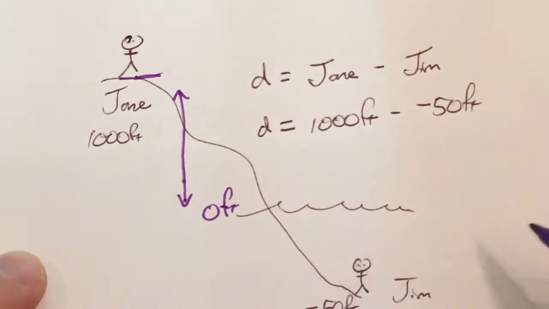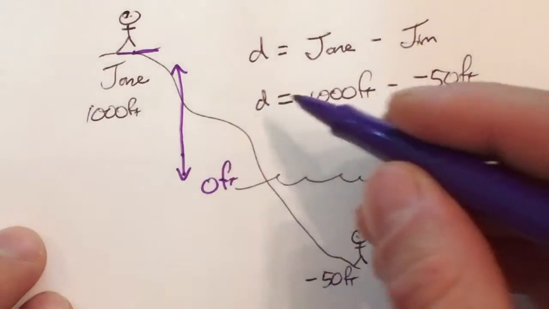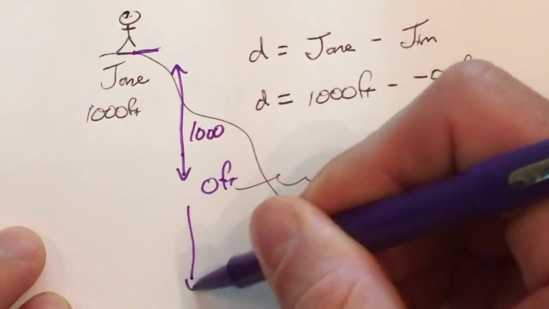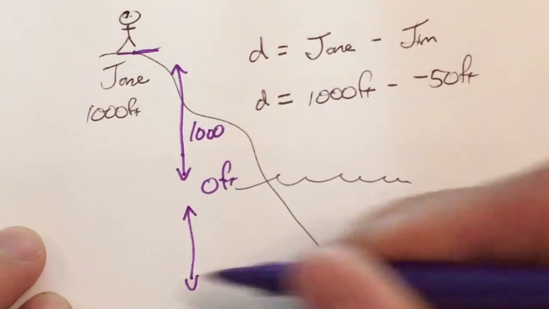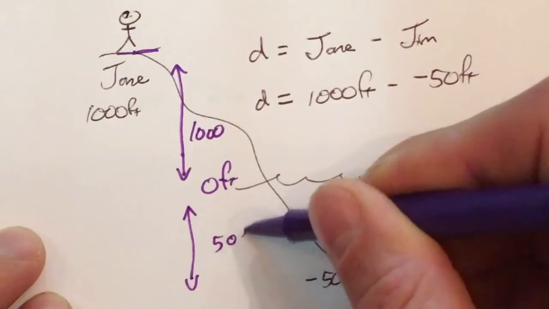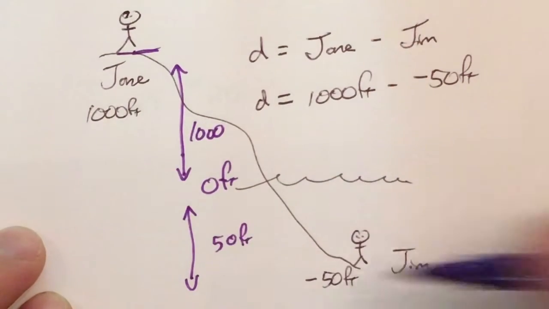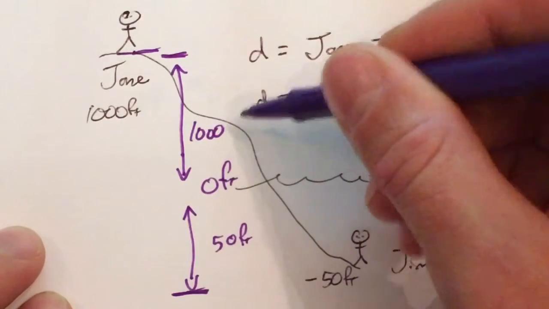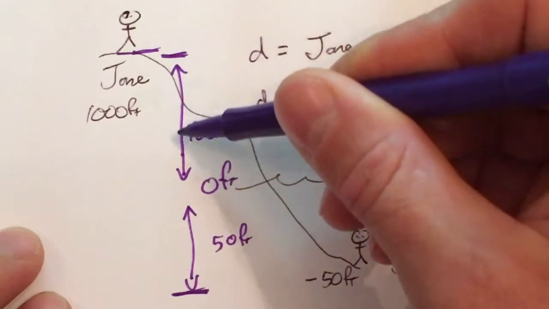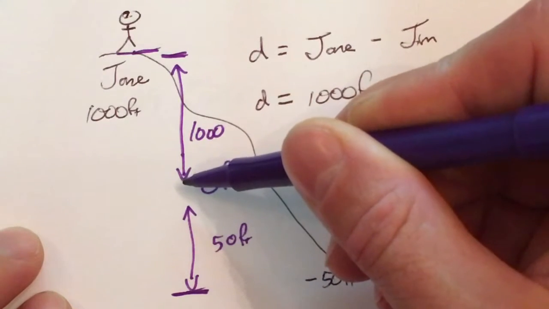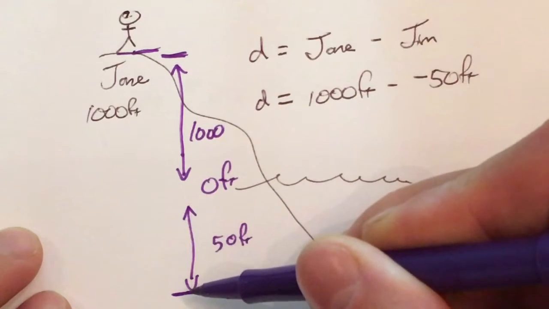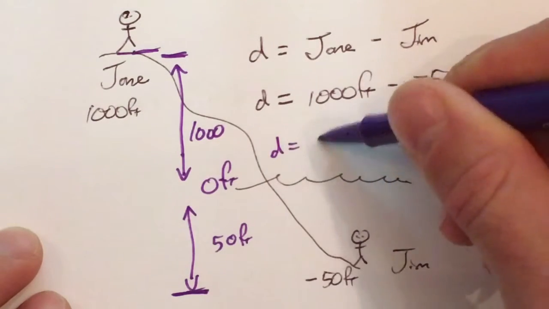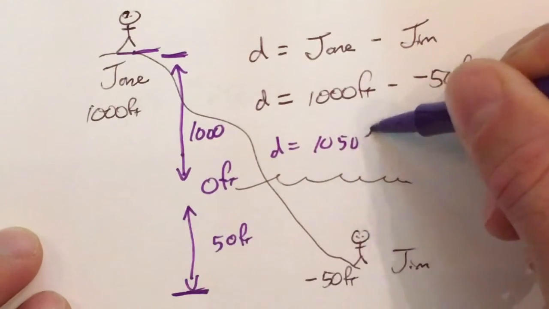So the water is located at 0 feet, and so Jane is 1,000 feet away from that. Whereas Jim, I know the picture's not perfect, you have to go an extra 50 feet to get to where Jim is. So really, that's combining, right? You have to go 1,000 feet just to get back to the water, and then another 50 feet to get down where Jim is. So the distance between the two is 1,050 feet.